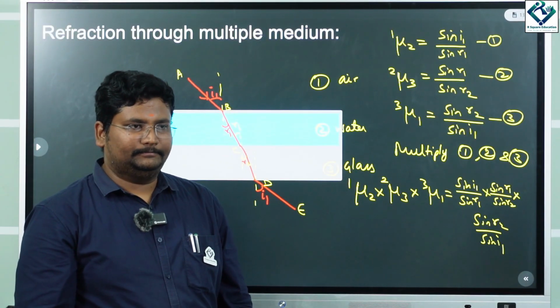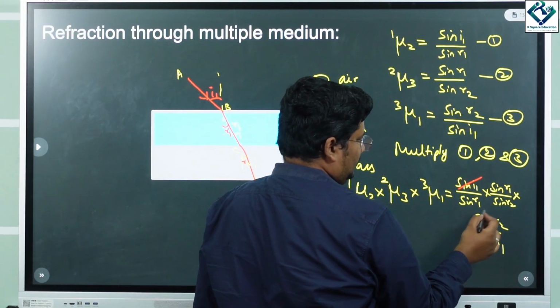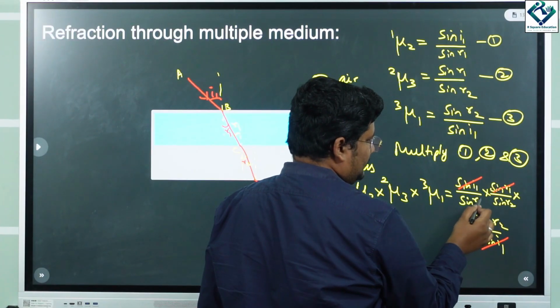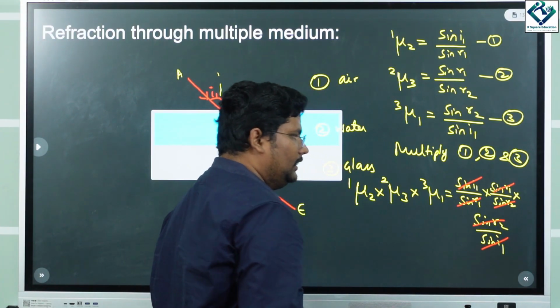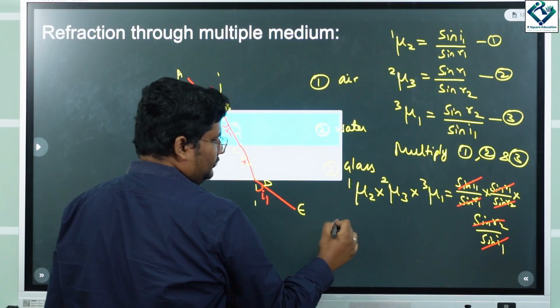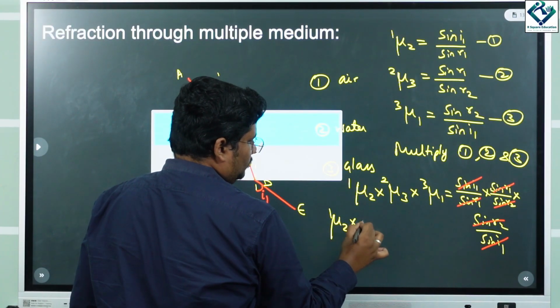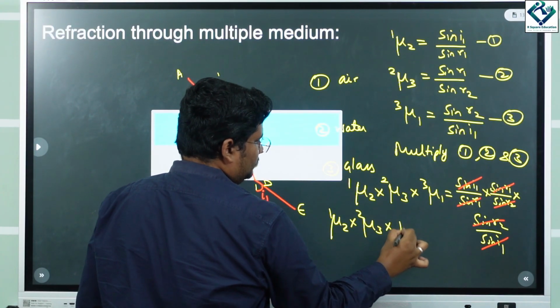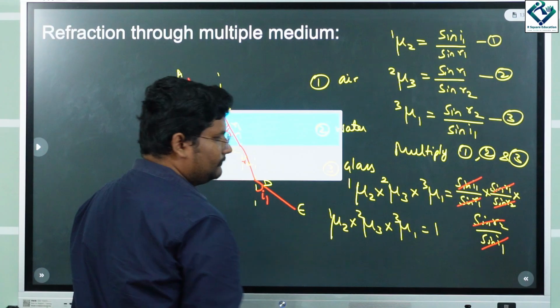Everything will cancel, right? So sin I1 cancels, sin R1 cancels, sin R2 cancels. So it becomes equal to 1 now. So mu21 into mu23 into mu31 will be equal to 1.